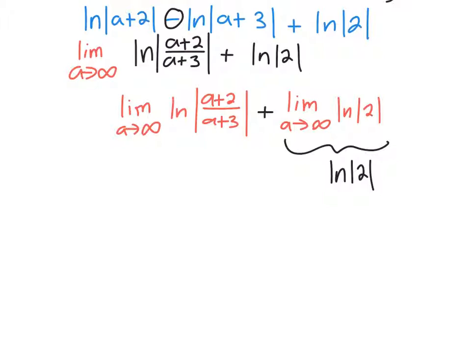Because really, if you're talking about a radical as being the same general idea as a natural log or a sine function, in that it's performing an operation on a particular number, then how would a natural log be any different from taking out a radical? It's not. So I could take out the natural log. It would be the natural log of the limit as a approaches infinity of a plus 2 over a plus 3.